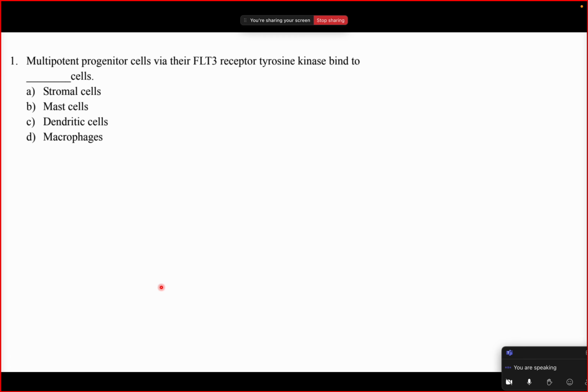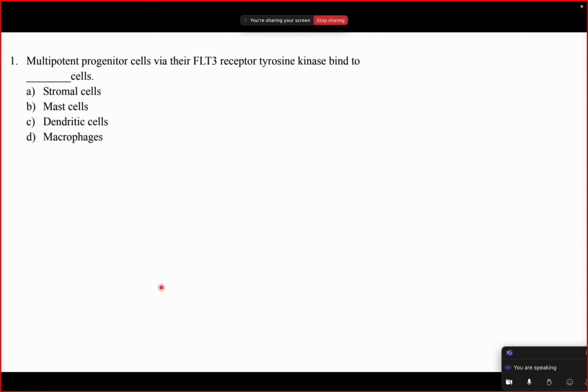So the first question for today is: multipotent progenitor cells, via their FLT3 receptor tyrosine kinase, bind to blank cells: stromal cells, mast cells, dendritic cells, or macrophages.